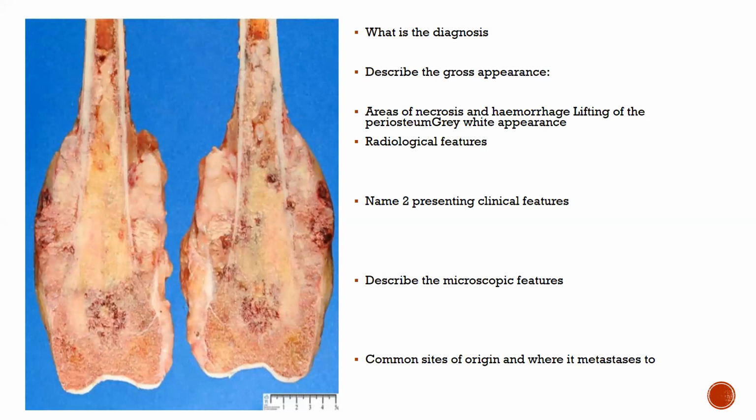Because of the massive necrosis that's going on, how big the mass is, and the involvement of the soft tissue. It has already penetrated the cortical bone and led to the growth of a soft tissue mass. Okay, so this is osteosarcoma.